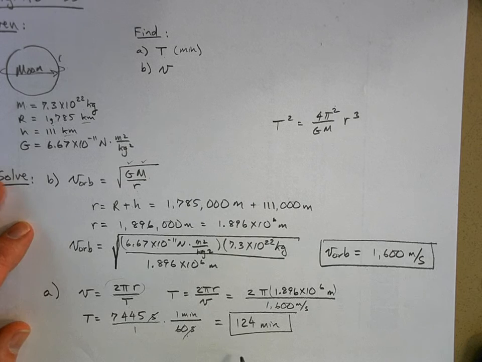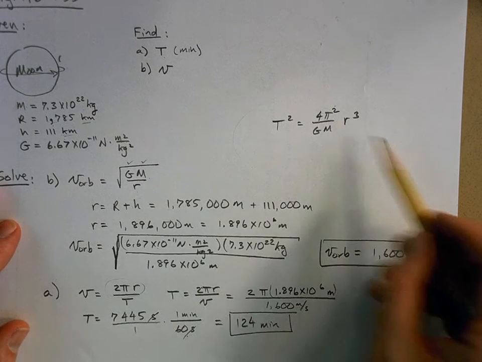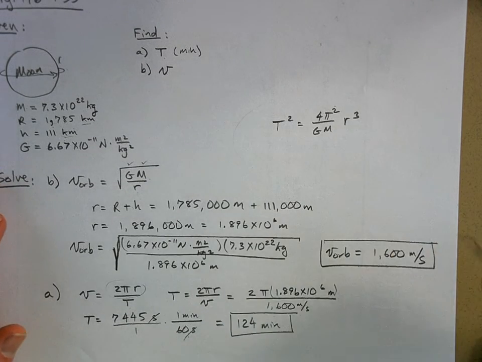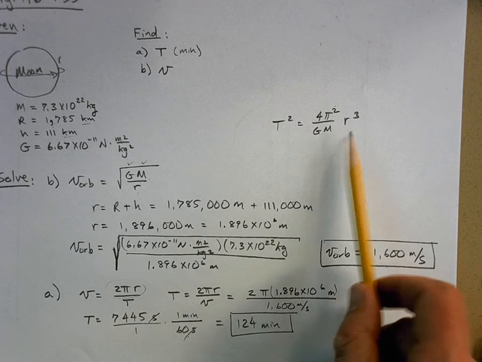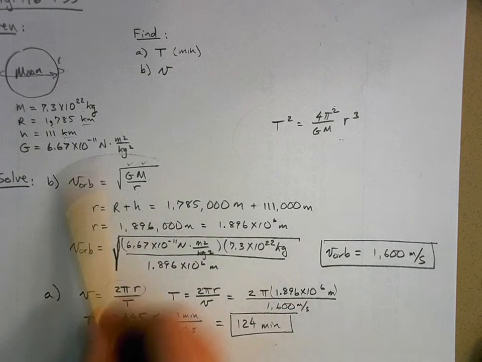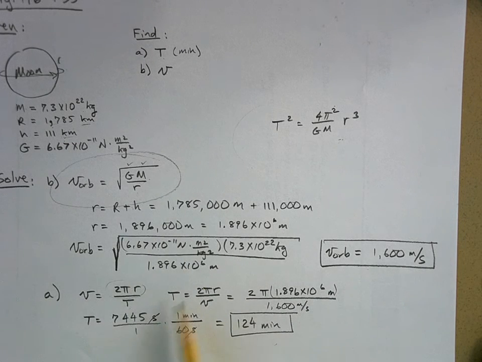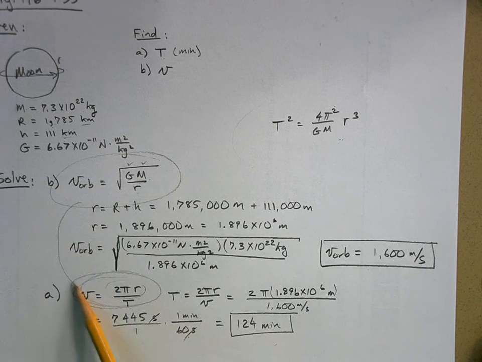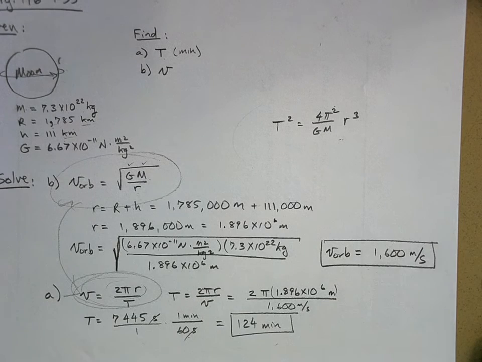In fact, this is derived by a substitution and so on, but to me, this is just a lot more work than doing it this way. So, if you know the orbital velocity equation, and you also know that the orbital velocity is equal to 2 pi r over the period, you can pretty much solve anything you need using those 2 equations right there.